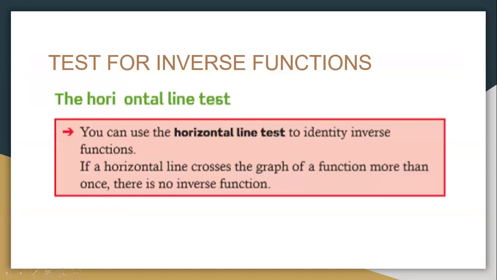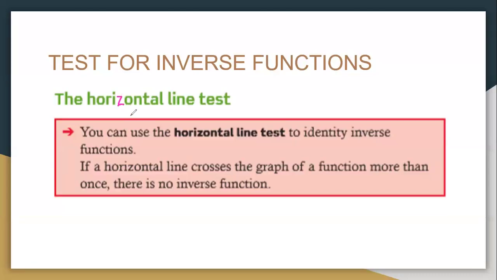Now, how do we test for an inverse of a function? In order for us to test whether the function we have has an inverse, we use what we call horizontal line testing.